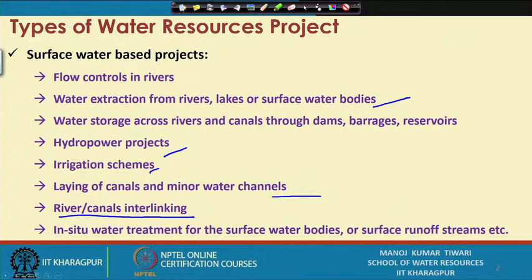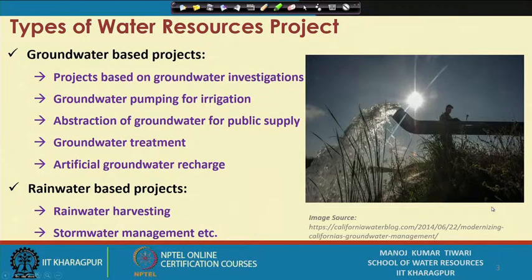Further, the in situ water treatment of surface water bodies or surface runoff schemes, etc. So, these are the primary surface water related projects or major projects which can be considered at times by the government or by the agencies.